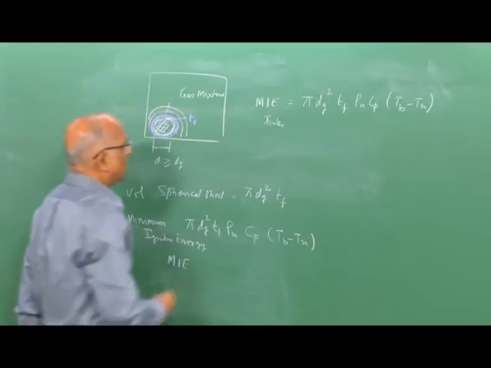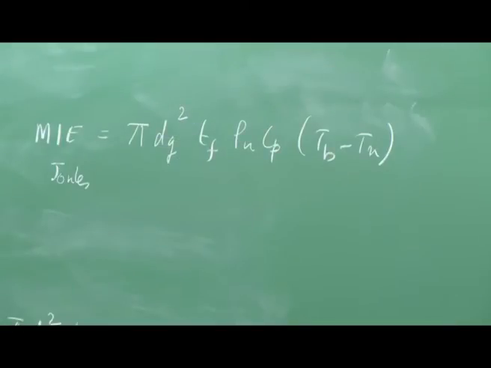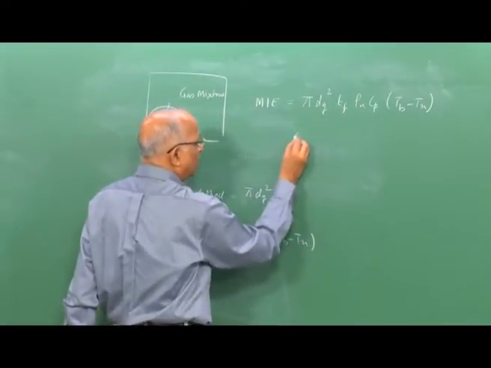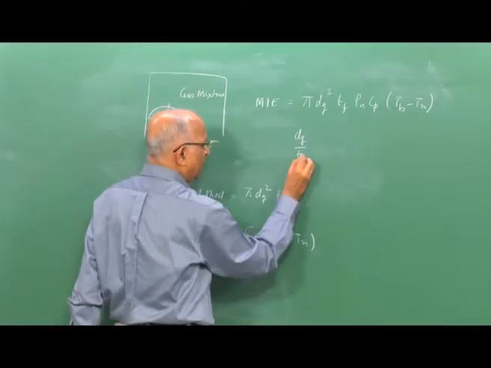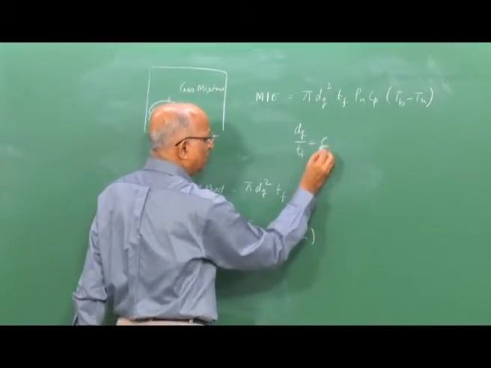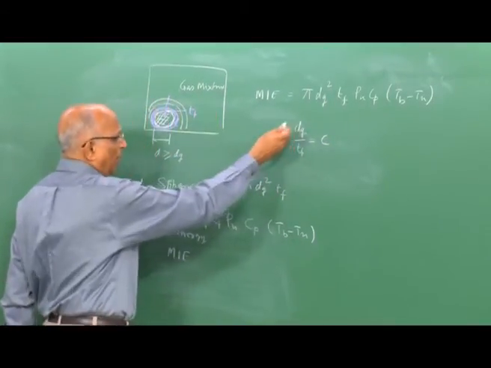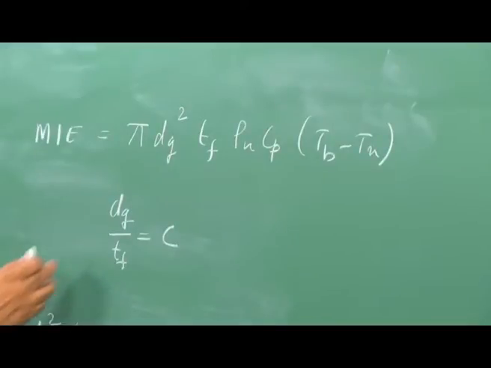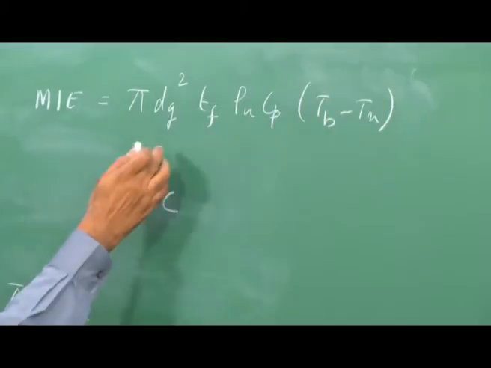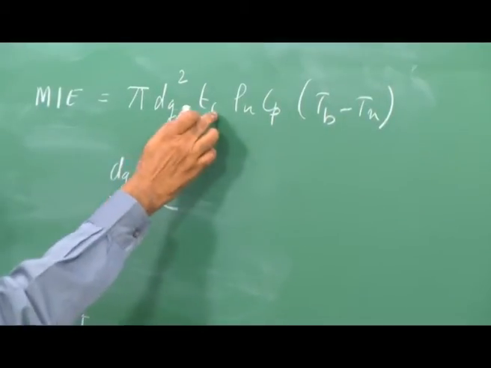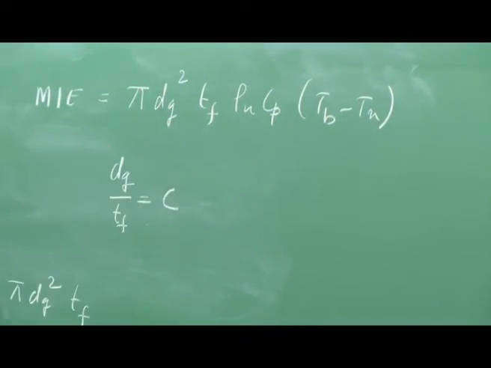I can simplify this expression. We just now said dq by Tf is a constant value, about an order of magnitude greater. We found from theory it is equal to root 8. Therefore, I can say Tf is equal to dq by C.